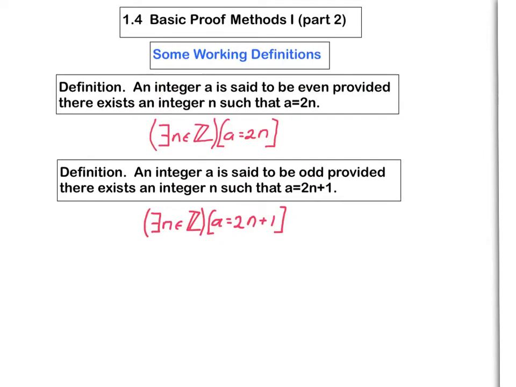Well, we're not going to say that b is equal to 2n plus 1, because we've already used up the name n. And so we would have to say, there exists an m, such that b is equal to 2m plus 1. Okay, so you must never use the same name for different objects.